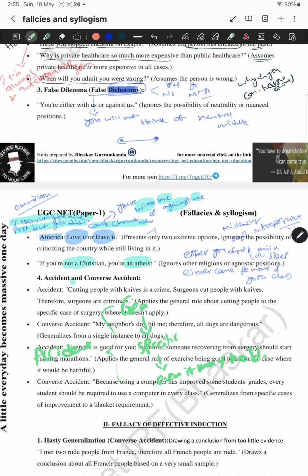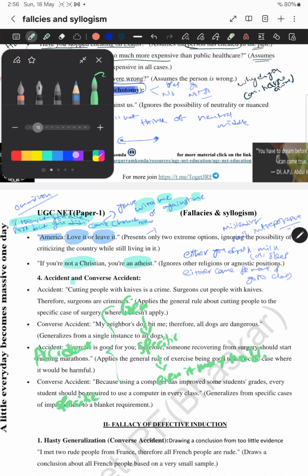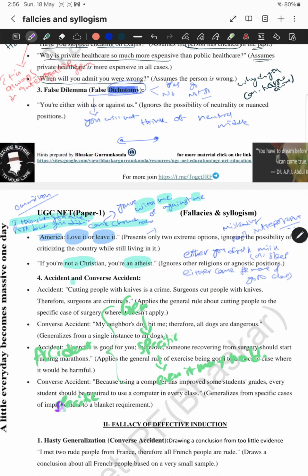Now what happens? This is a reverse case. Fallacy of converse accident means taking a specific thing, whether it holds or not, and applying it to the general, even if it won't hold.